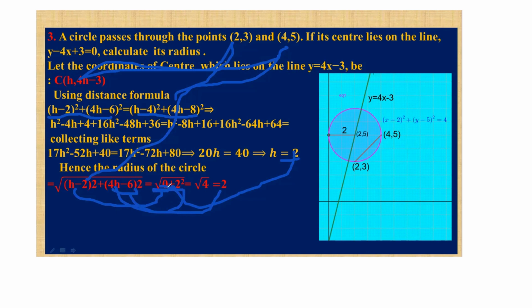So under the radical, 0 squared plus 2 squared gives 4, and radical 4 equals 2. So the radius of the circle is 2.